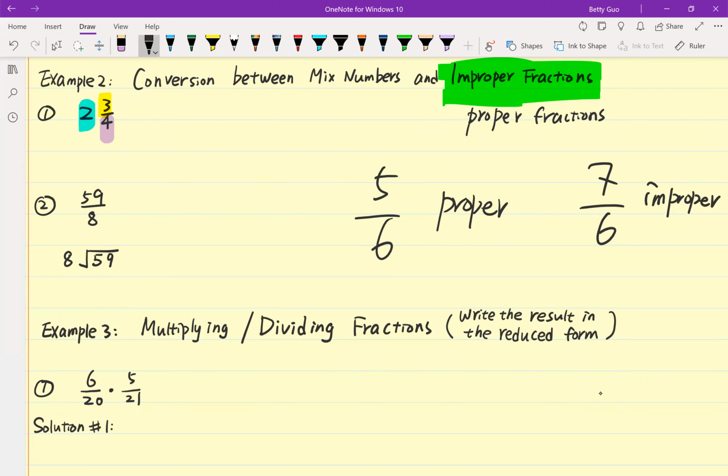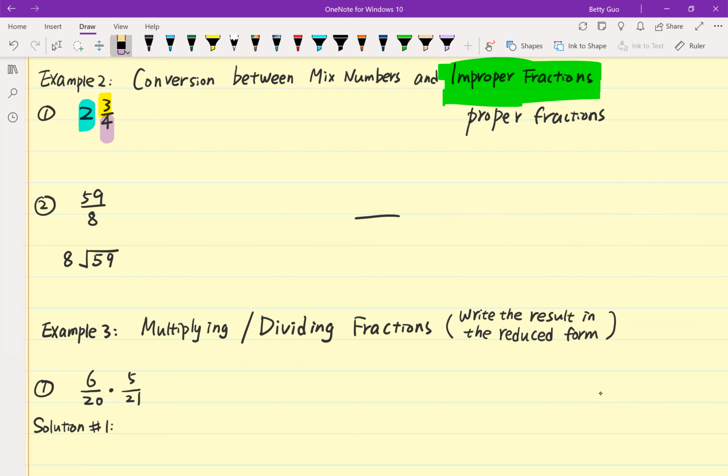For an improper fraction, we can write the fraction as a mixed number. Let me show you. Let's take 7 over 6 as an example. 7 over 6, 7 is bigger than 6, so that is improper. Since the numerator is bigger than the denominator, the denominator could go into the numerator at least one time, right?